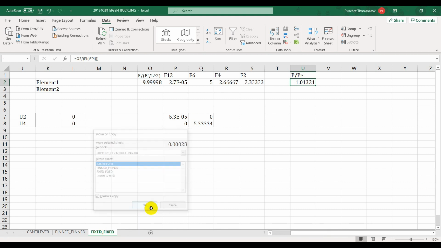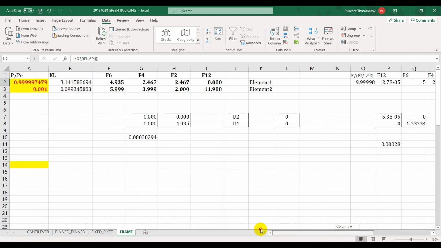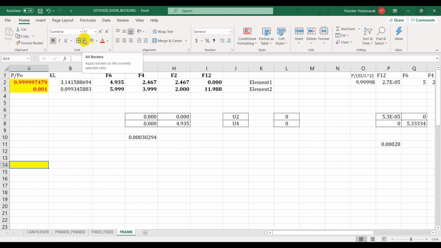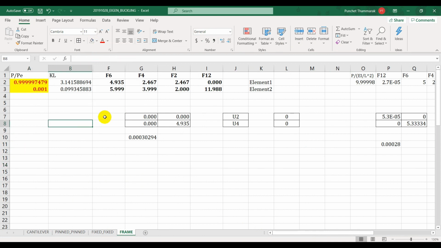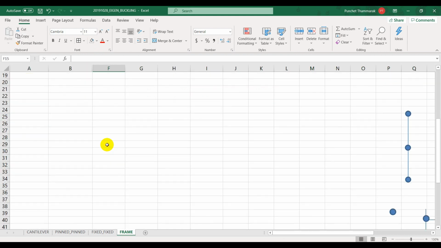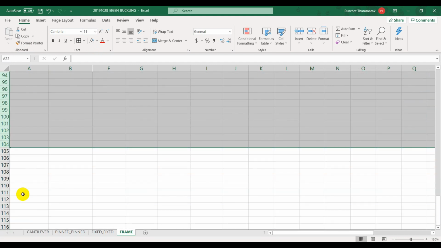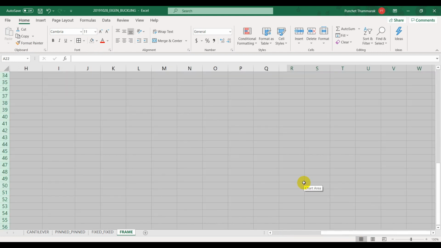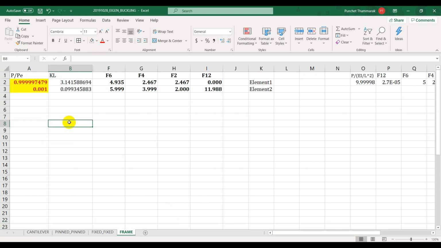Then we can try the frame. Okay, good. So we try the frame here.